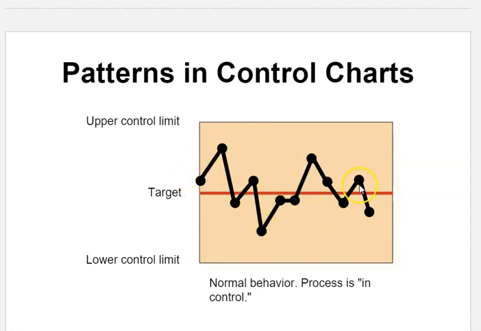If it happens 2, 3, or 4 times back to back that we don't have that up and down, and instead we have up, up, up, or down, down, down, this is a sign that the system can get out of control soon. So if you are working with future data and the system shows, instead of ups and downs, up, up, up 3 or 4 times back to back, even though the system is still in control, you can stop the system and look for the cause and see what's happening.